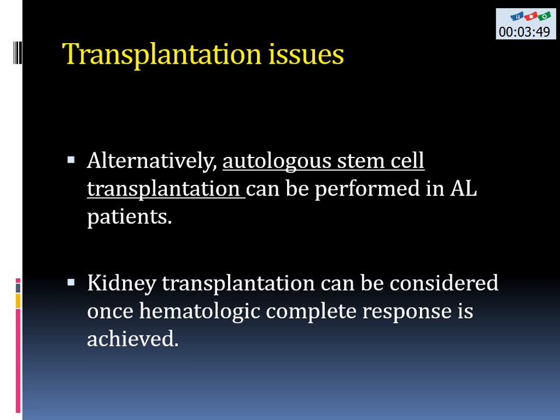Actually, there's a very big debate in many researches whether to start first with autologous stem cell transplantation or renal transplantation. Some people prefer to start with renal transplantation. This gives a better outcome with autologous stem cell transplantation, knowing that the patient will be more healthy and more able to sustain the immune suppressive therapy. But this debate has not been settled yet.